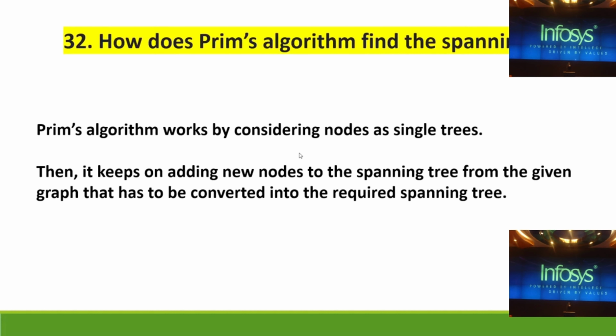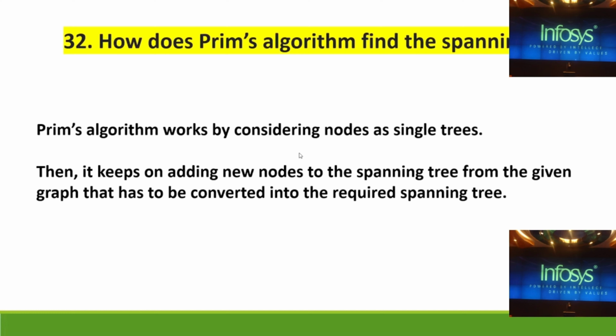And the 32nd: how does Prim's algorithm find the spanning tree? Prim's algorithm works by considering the nodes as single trees. I already told you about the root node, the left subtree and the right subtree. Then I told you what the spanning tree is.